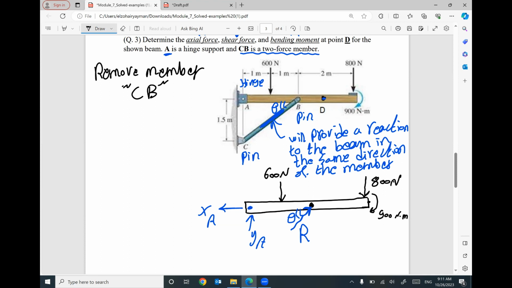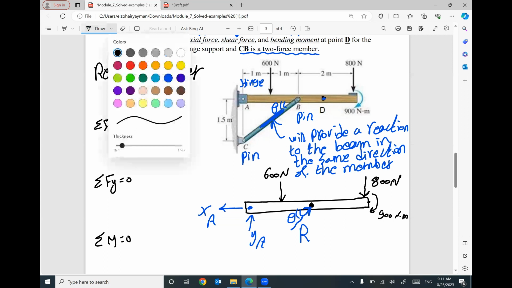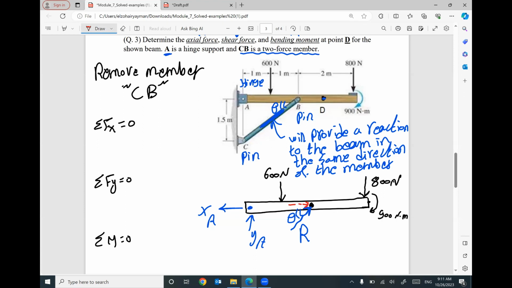Go ahead and apply summation f of x equals 0, summation f of y equals 0, summation moment at any point equals 0. We are ready to figure out the reactions. But keep in your mind, I cannot start right now until you break this reaction into two components. The horizontal one will be r cosine, the vertical one will be r sine.